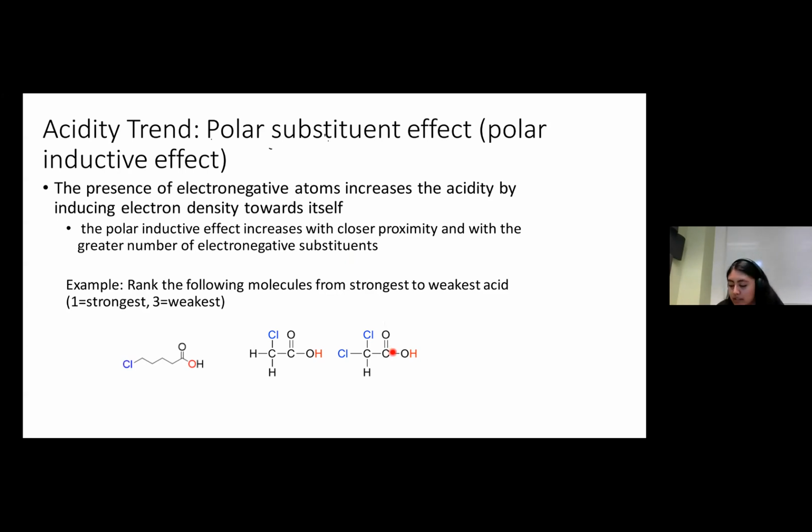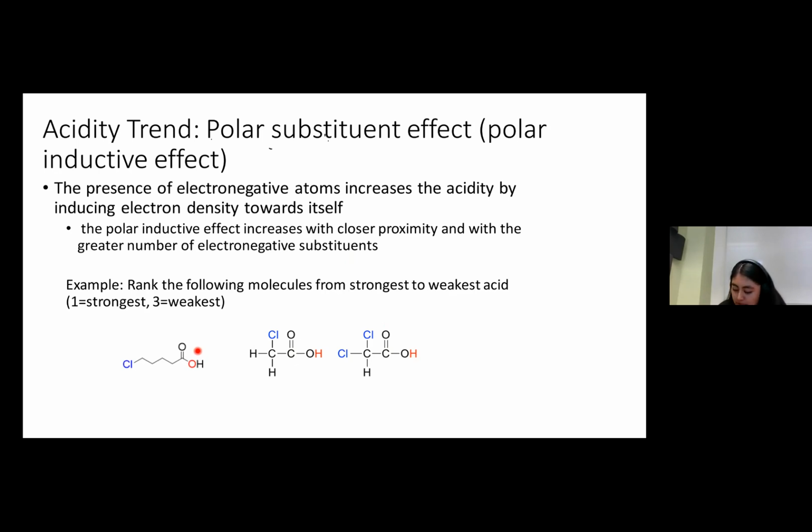So it's going to more strongly stabilize the oxygen, as well as when the Cl is closer, right? So this versus this, this Cl is closer to this H that can be lost. So this has a stronger effect on stabilizing that charge as compared to this one, right?